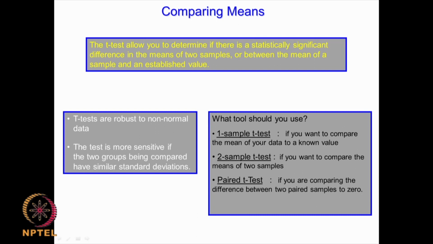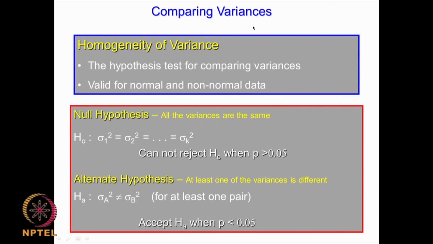Now, if you are comparing variances, that means you are comparing the standard error. Here we are comparing variances, and this is generally valid both for normal and non-normal data. The H naught will be sigma 1 square is equal to sigma 2 square and so on. We cannot reject H naught when p is greater than 0.05, and the alternate could be sigma s square is different from sigma p square.